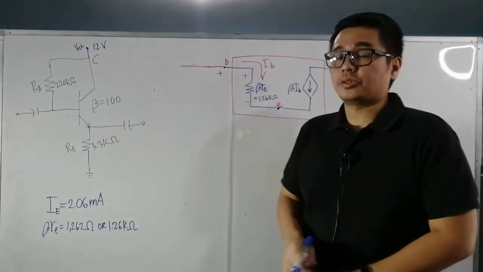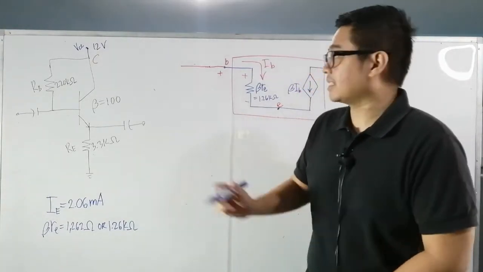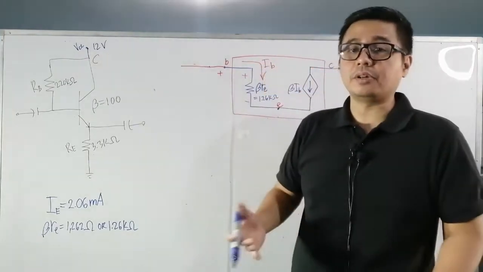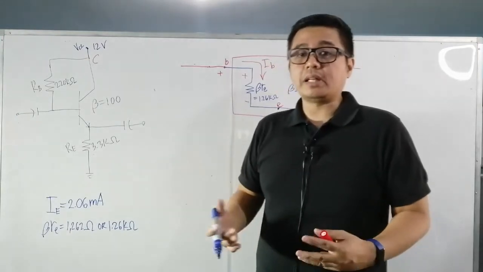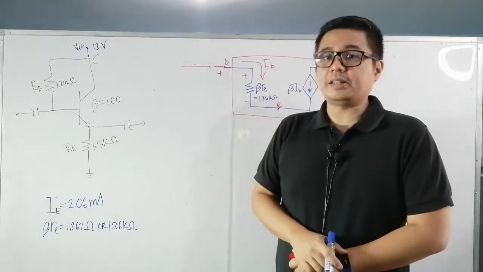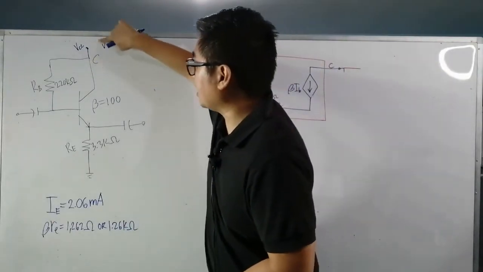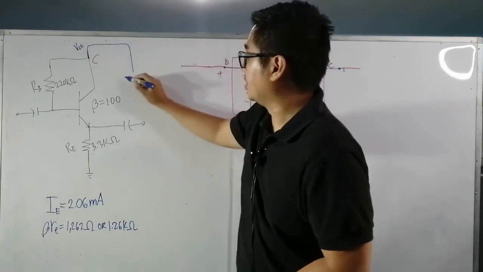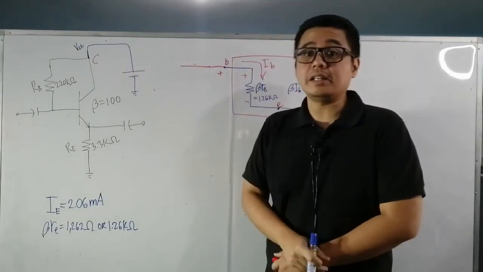The next step is to zero out all DC power supplies. In this case, ang supply natin is 12 volts na VCC, which is a voltage source. We can zero that out para makuha nating AC equivalent circuit niya. To zero that out, i-draw natin itong VCC sa kanyang standard schematic symbol. So this is also the same with the symbol ng kanina.